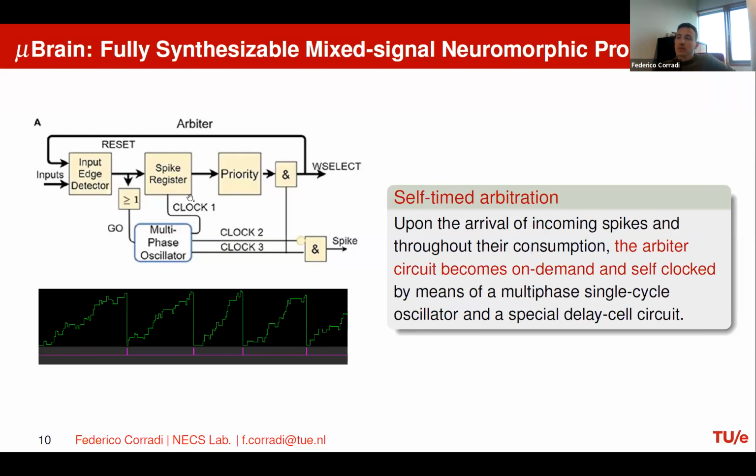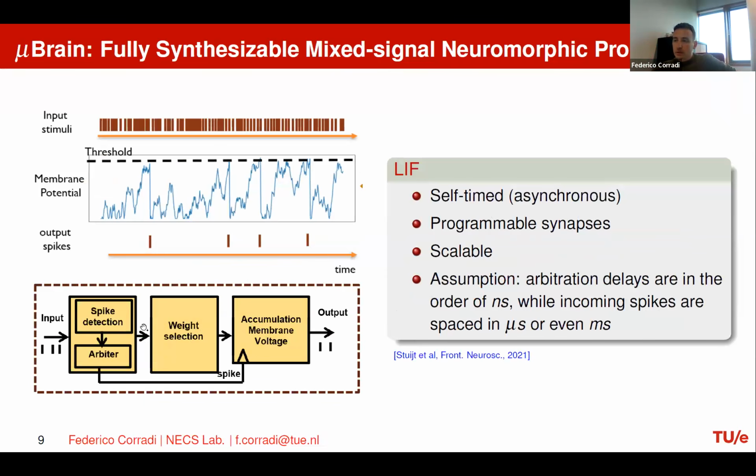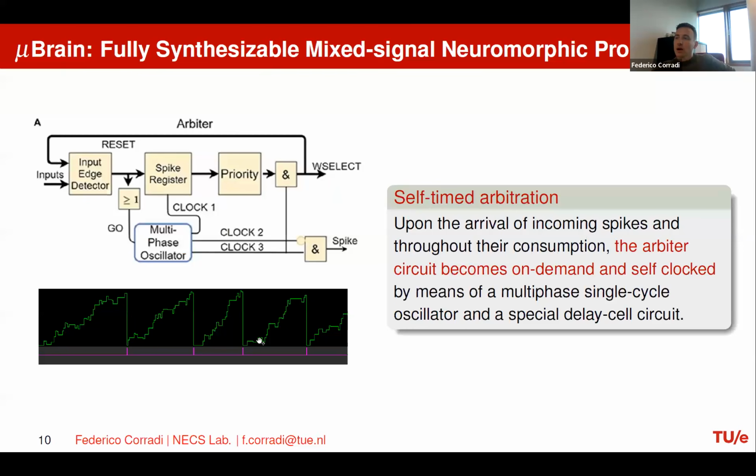These timing signals enable the select and the spike, this line here, and the spike is then sent to the accumulation of the membrane potential with certain spacing in time, so that the accumulation of the membrane potential can be executed fully.